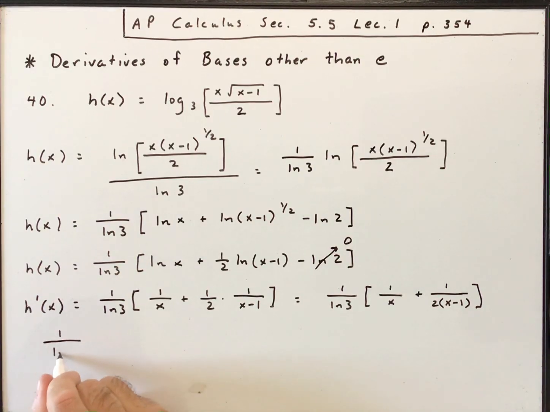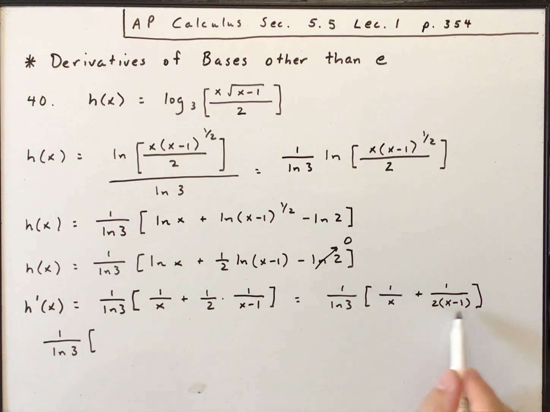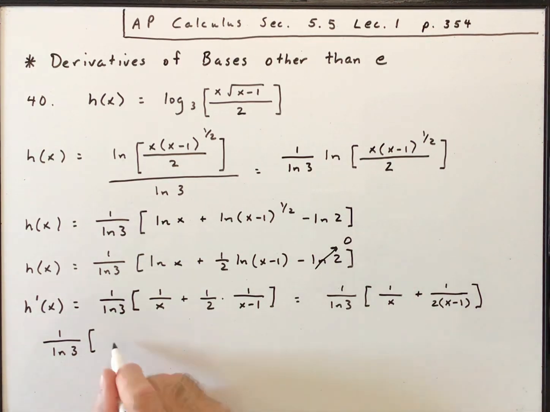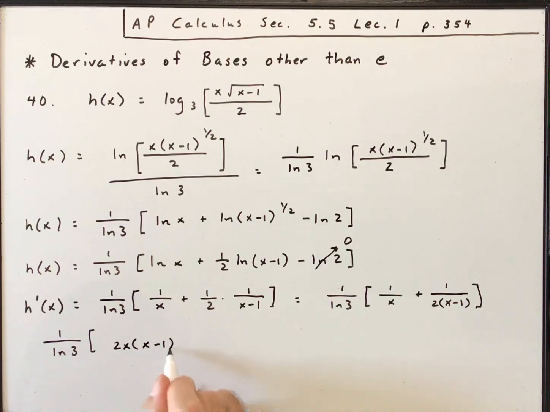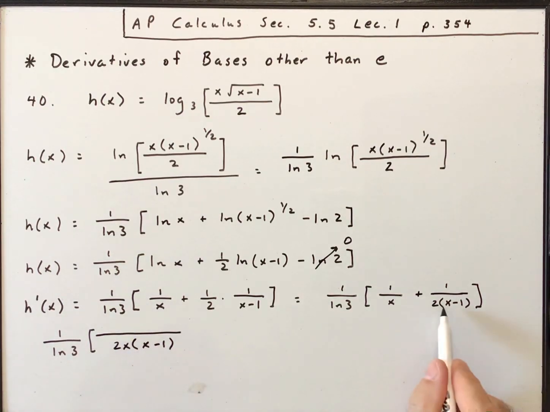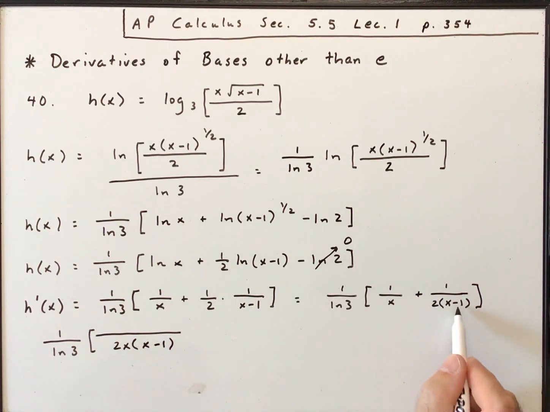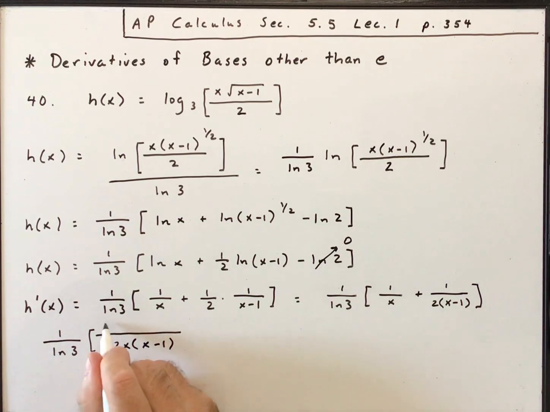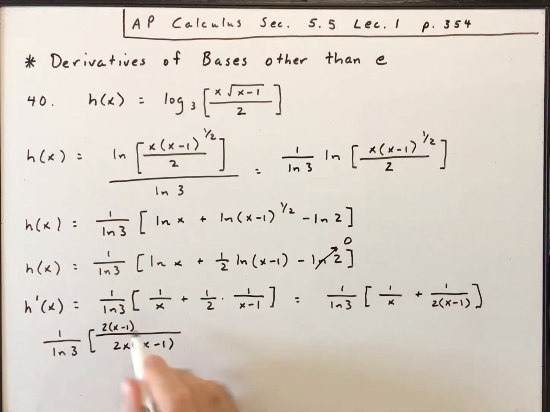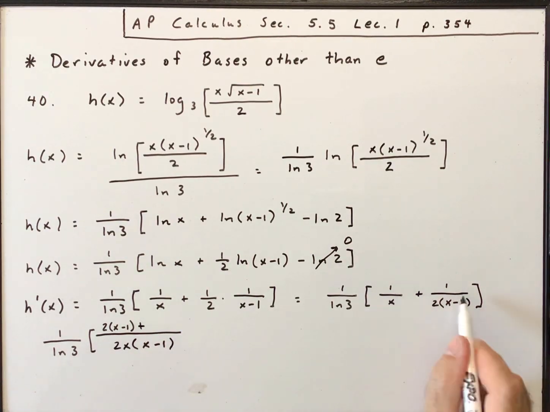We'd have 1 over the natural log of 3. To get the common denominator, I'm going to multiply the two denominators together. So that's x times 2 times (x minus 1), so that'd be 2x times (x minus 1). And then I bring the one on the bottom right up to the top left, so that'd be 2 times (x minus 1) times 1, and then plus x times 1.